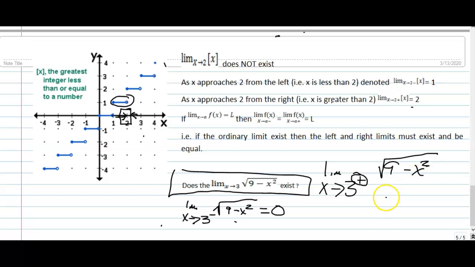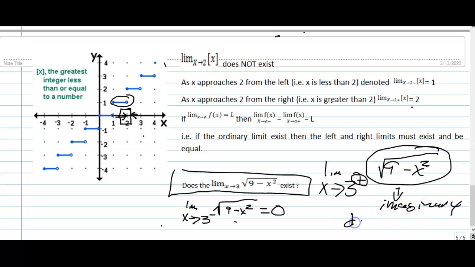And that is an imaginary or complex number. We cannot take the square root of a negative number over the set of real numbers. So therefore, the limit of the square root of 9 minus x squared, as x approaches 3 from the right, where values for x are a little bit greater than 3, doesn't exist, because this value here is imaginary.